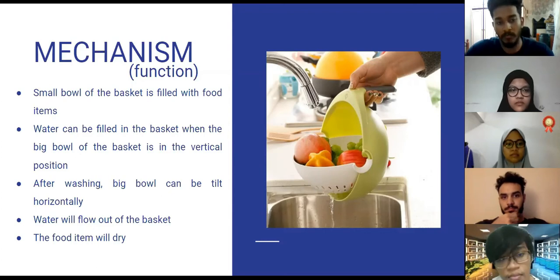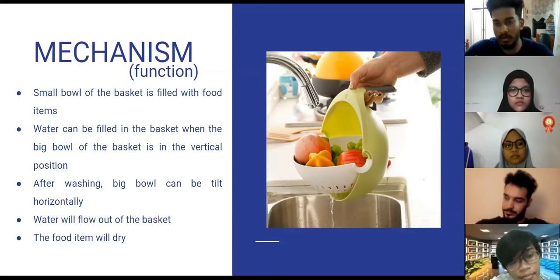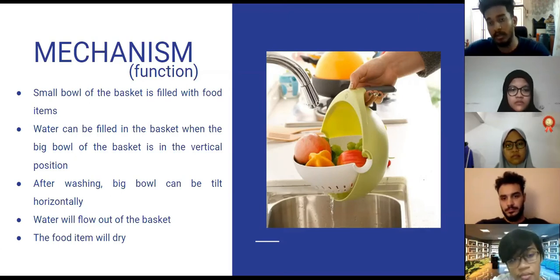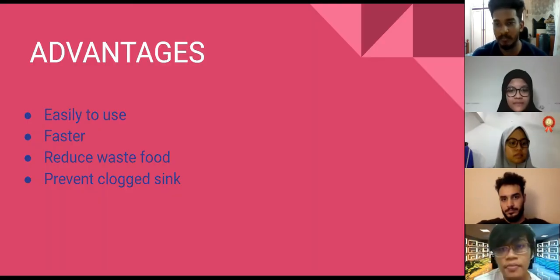The big bowl of the basket is in a vertical position, and after the washing is done, the big bowl can be tilted horizontally, as you can see in the figure beside. The stagnant water can flow out through the small holes. The holes are very tiny, so that no food fits through. After all the water has flowed out, the food items will dry. Moving on to the next slide.